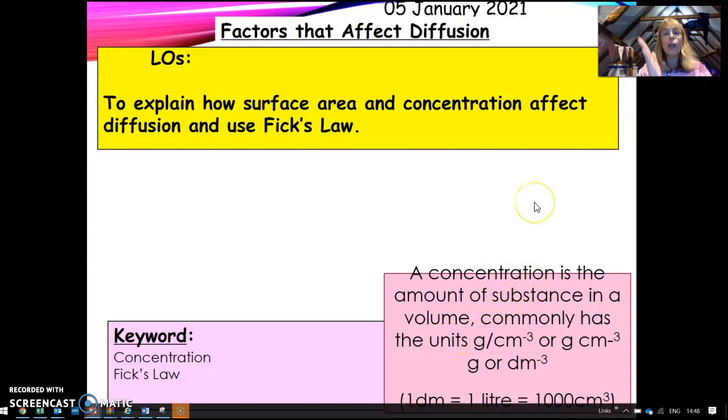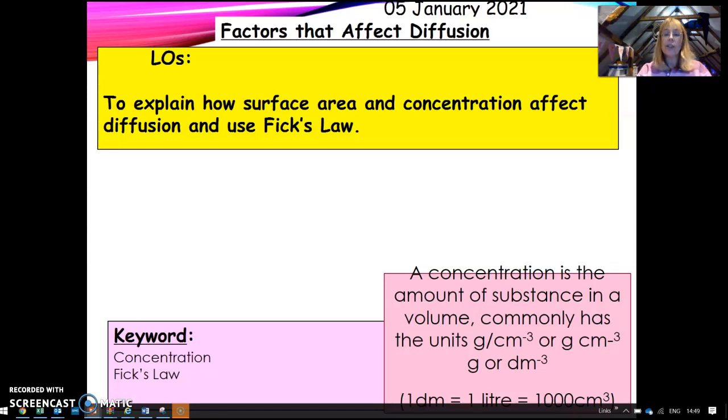If I use the per sign, then I go centimeter cubed, not -3. If I don't use the per sign, then I do centimeter minus 3. Okay. And also remember, sometimes it's decimeter cubed. So just look at the question to see whether you've got to convert something to centimeters cubed or decimeter cubed.